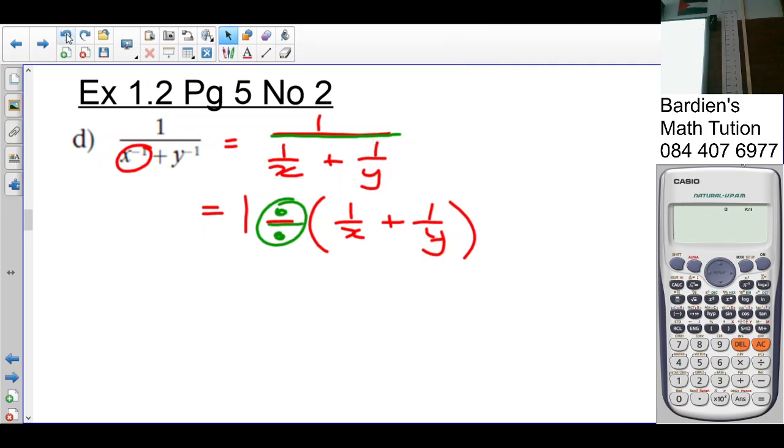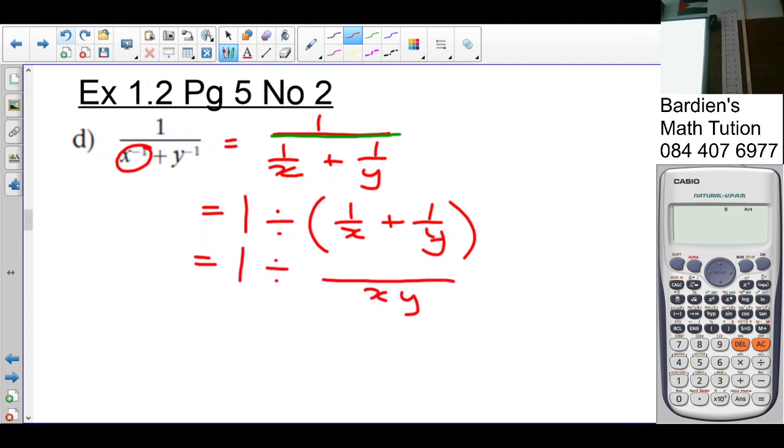So do that quickly. So it's 1 divided by, got an LCM of xy, so I can drop the bracket, times by y, multiply that by x.